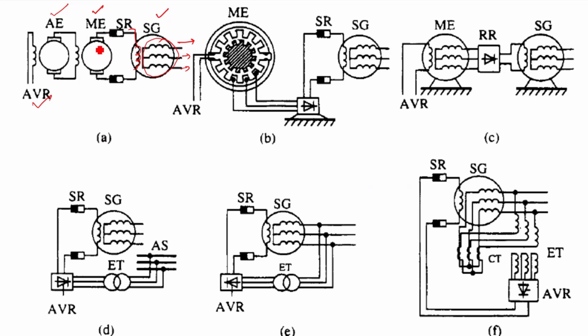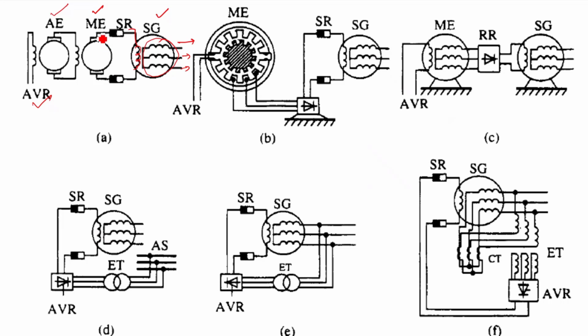And this main exciter, if we see, is a DC generator. Suppose it is a separately excited DC generator, then of course in the DC generator the armature is on the rotor. It is connected through the commutator segments and commutator, and through the commutator we get the supply at the terminal.